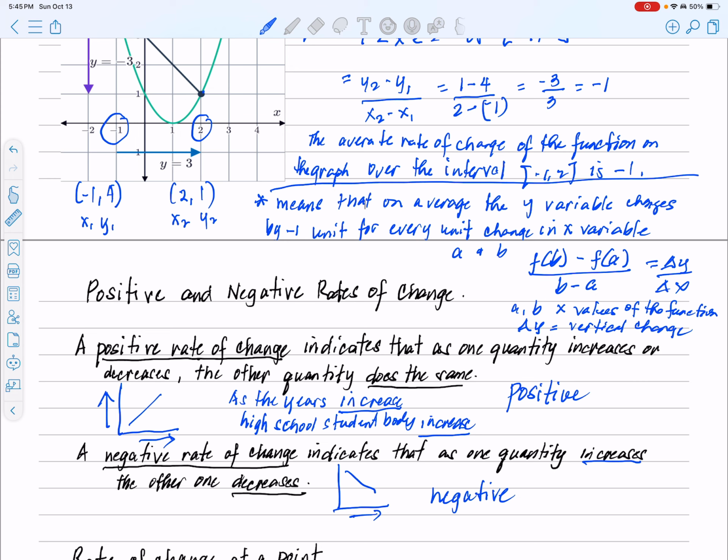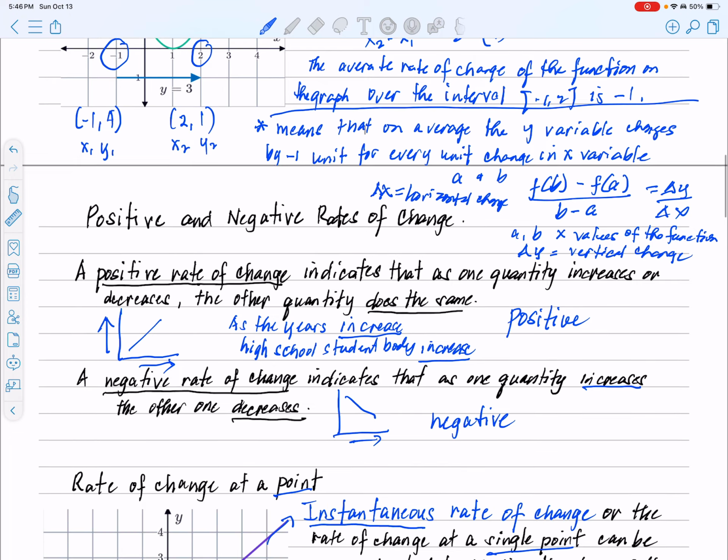And change in x is the horizontal change. Okay? All right.